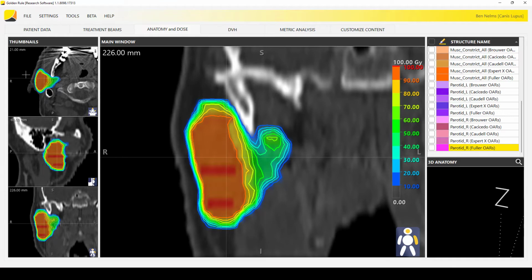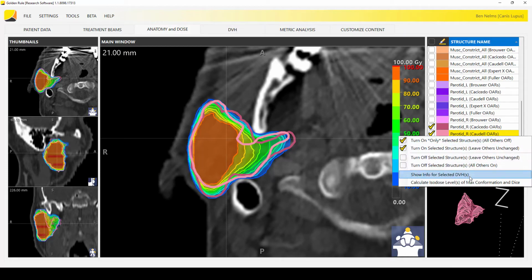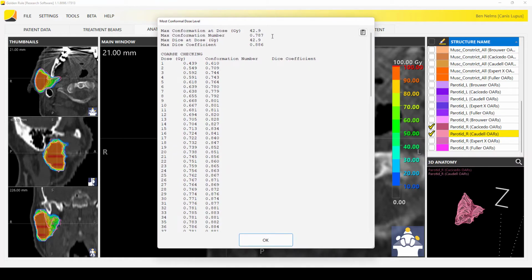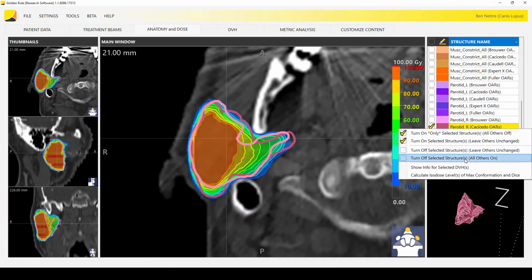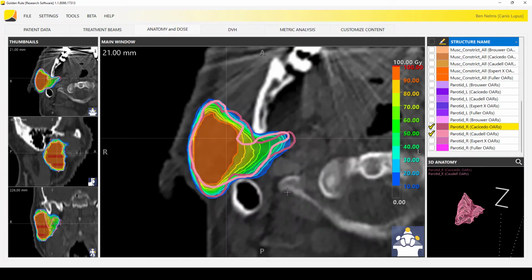So if I turn that on and we look, say, at Jimmy and John, you can see they're definitely thinking they would say, I contour that volume. So let's find out. 42.9, we did that already. Let's do John. Yeah, 32.9. So again, showing consistency left to right. So that's the right parotid.